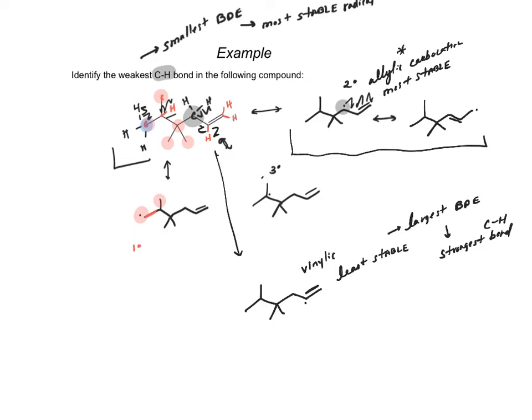At this point in time, we can go back and say, okay, the thing that generated the secondary allylic carbocation is going to be the weakest. It's going to have the lowest bond dissociation energy because, again, the radical that it produces is the most stable. So the answer to this question would be the identification that this bond, or this bond, whichever one you wanted to say, is the weakest carbon-hydrogen bond in the compound.